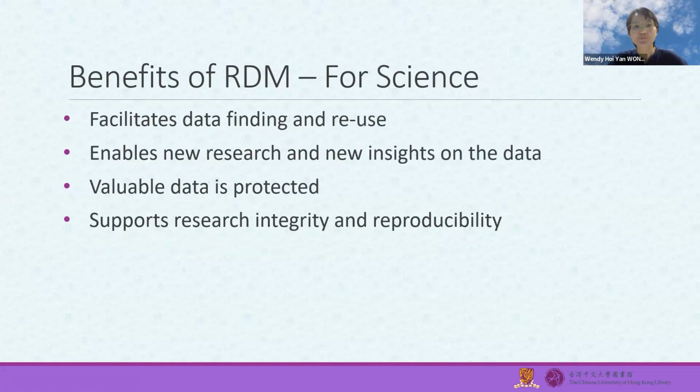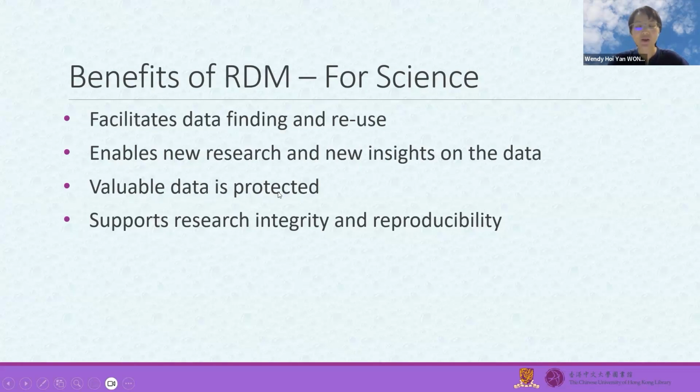For the science, if you have good research data management planning and data management during the stage and share your data at the end, it can facilitate data finding and reuse. It enables other new research and new insights on data. It also allows valuable data to be protected.